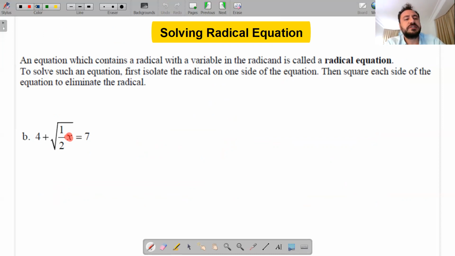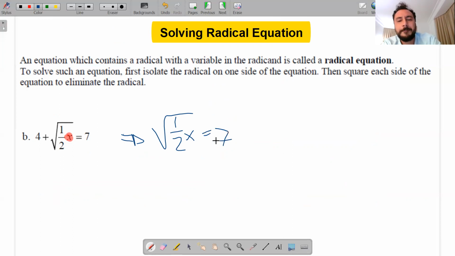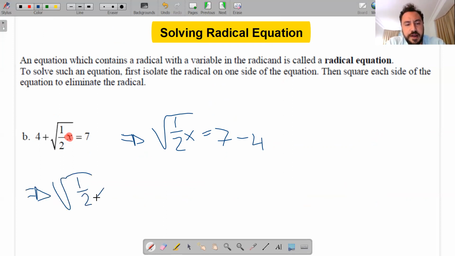What do we do? The first thing we're going to do is move the integer that is on the left, which is 4. So I'm going to have left square root of 1/2x equals 7 minus 4, because what I do is subtract 4 on both sides. So what I have left here is 3. So here I'm going to have square root of 1/2x equal 3.